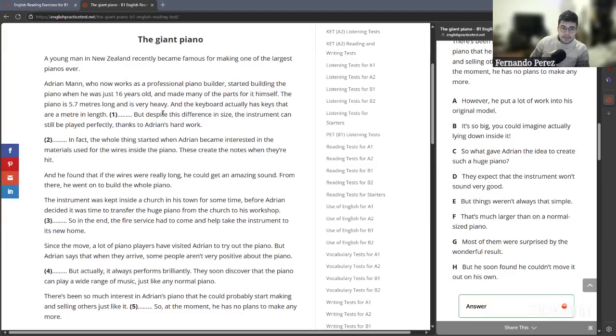Number 2, in fact, the whole thing started when Adrian became interested in the materials used for the wires inside the piano. These create the notes when they're hit. In fact, the word in fact, do you remember in previous classes we saw the categories for connectors that start a sentence and start a paragraph?